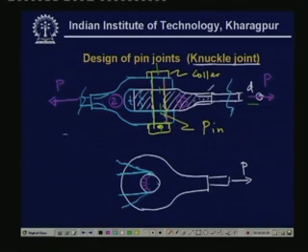Free body diagram of the part will be now, so here we have this one. Now the shear stress, here you will have P by 2, P by 2.